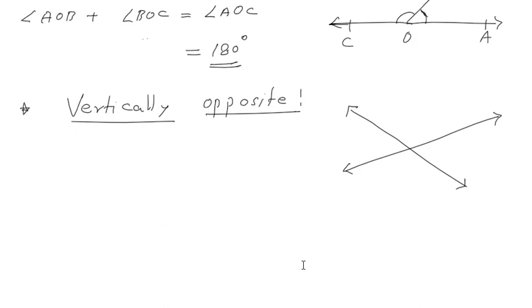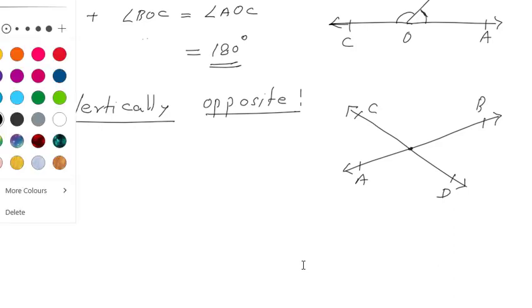Now if I name them, let us say this is line AB and this is line CD, and they are intersecting each other at a point, let us say this is point O. So they are intersecting at point O.